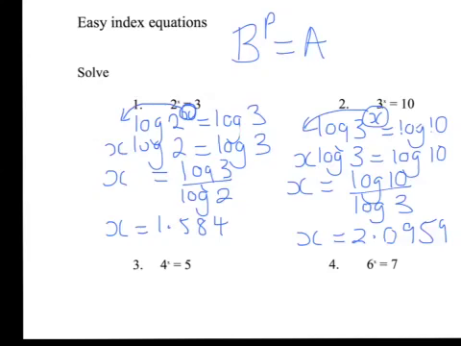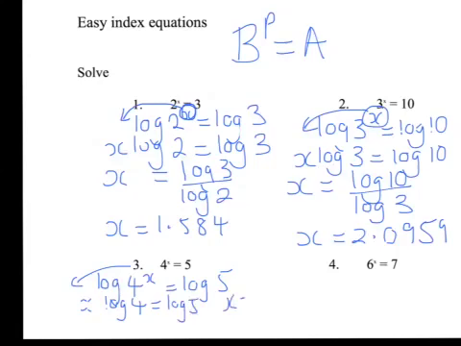Okay, I'll go through the answers to 3 and 4. So we're going to go log 4 to the x equals log 5. Move him down, x log 4 equals log 5. So x equals log 5 divided by log 4. So I reckon log 5 divided by log 4, I'm getting 0.602. All right, that's for question 3.